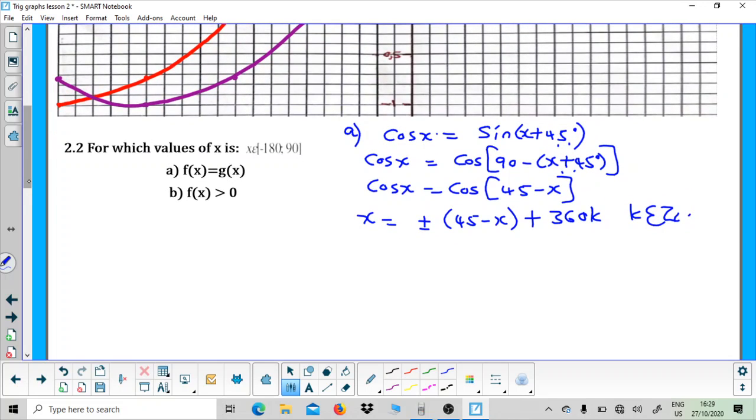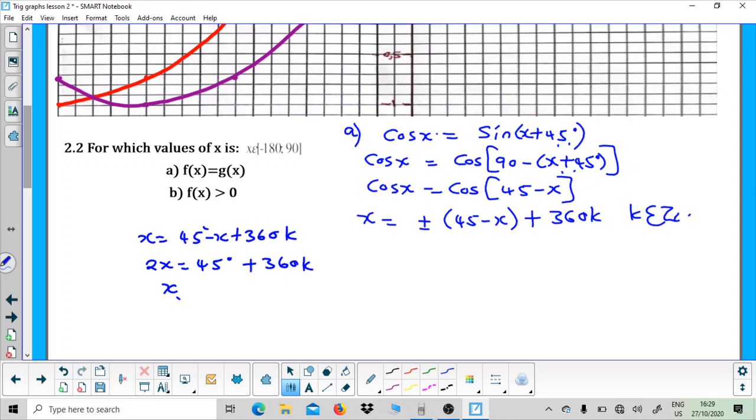Let's just have the one with a positive sign. So the one with a positive sign will say 45 minus x, it won't change, plus 360k. Then if I take x to the other side, it'll be 2x is equal to 45 plus 360k at this point.